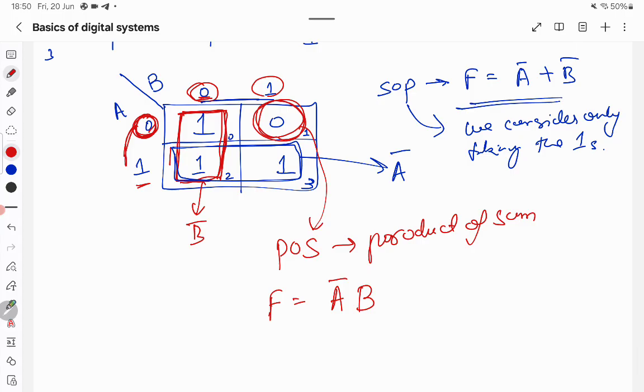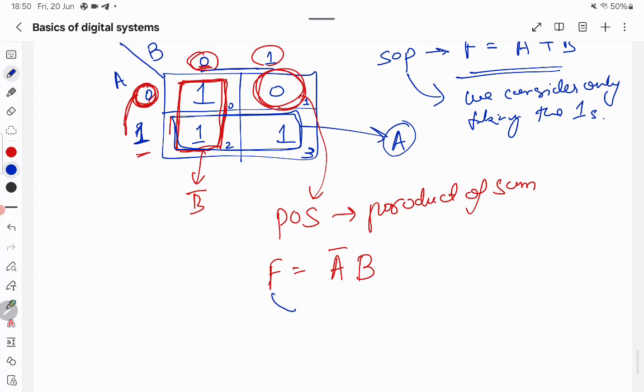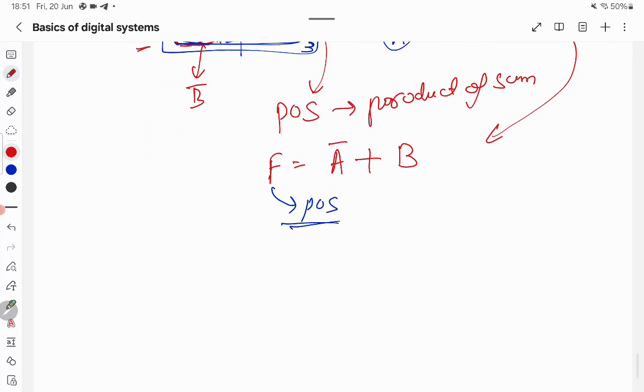This one is not a complement, this is a, because a is 1 here, so this will be a. So this is the POS form, which is a or b, product of sum. So basically we have to write this plus b. That one was the sum of different products, but this is the product of the sums.